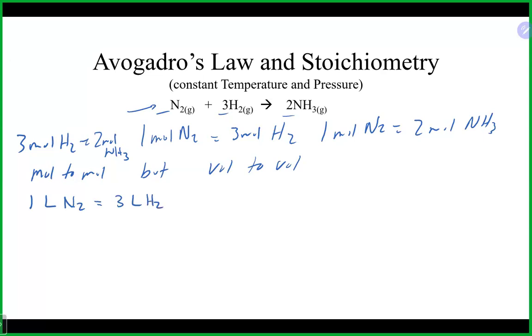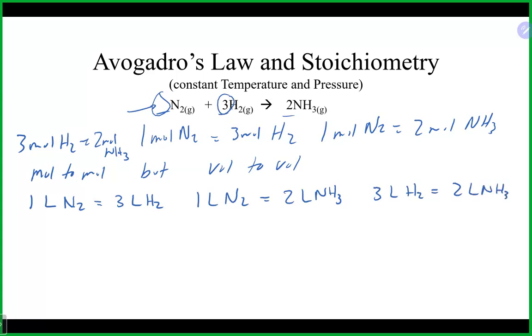And again, the 1 and the 3 come from the coefficients, just like we would do a mole-to-mole relationship as well. We could also say for every 1 liter of N2 we put in there, we'll get 2 liters of NH3 out. And for every 3 liters of H2 we put in there, we'll get 2 liters of NH3.